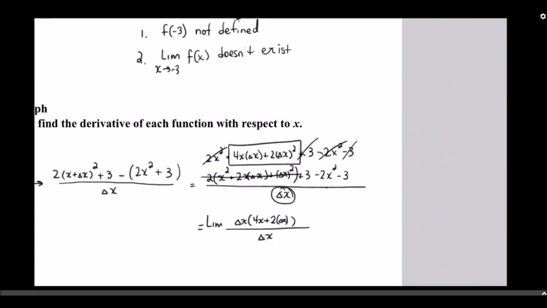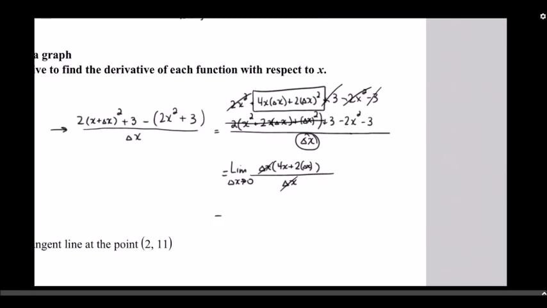Now I'm going to write the limit back in. The limit as delta x approaches 0 of this expression here. Now I need to continue simplifying. The reason being is I can't plug in a 0 for delta x yet because I'd be dividing by 0. And that's the reason I factored out this delta x right here, because I can cancel that delta x with the delta x in the denominator.